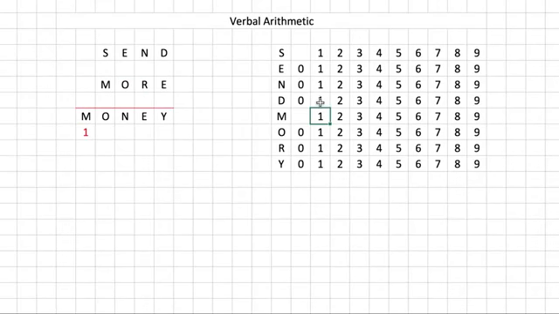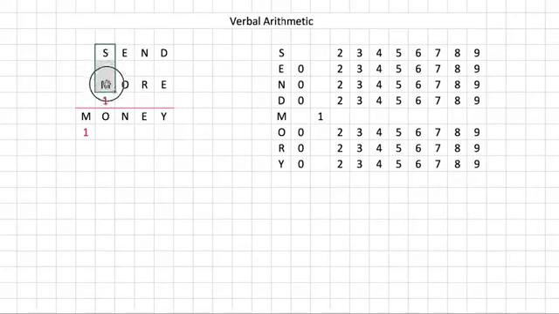So we will remove 1 from all the other letters. Okay. Now, as M is 1, we will put 1 here as well. Is there any other M? No, there isn't. Now, we have this new value. This will lead us to the next value.